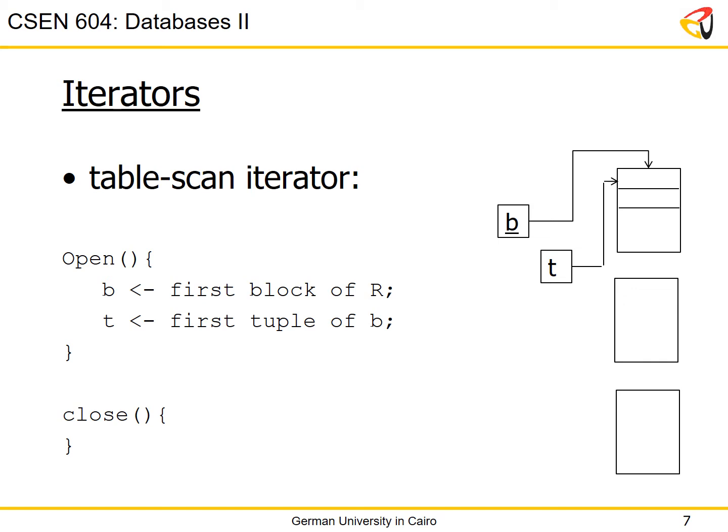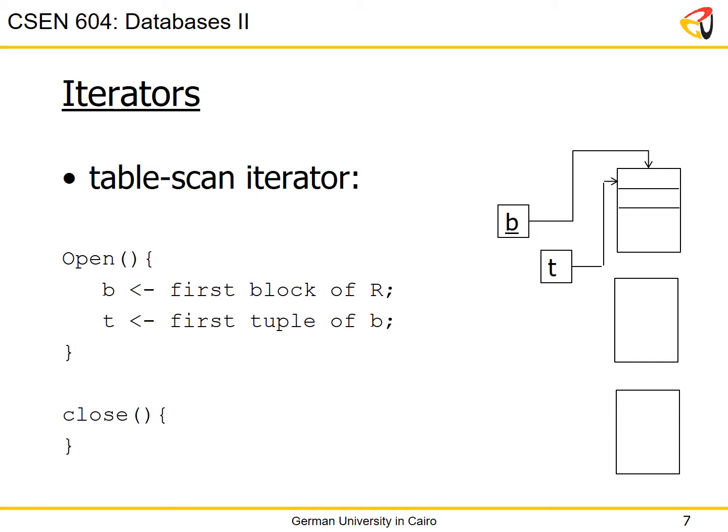Okay? So the first one we're going to look at is called the table scan iterator. As the name implies, it's just going to read rows one by one from the first row in the first page to the last row in the last page. Okay? Now, all iterators are implemented using what we call a design pattern.